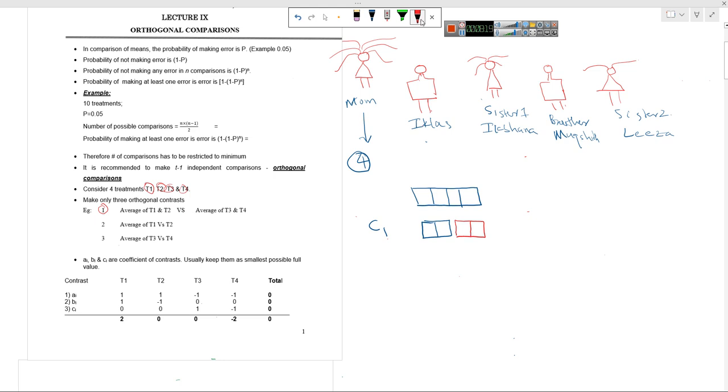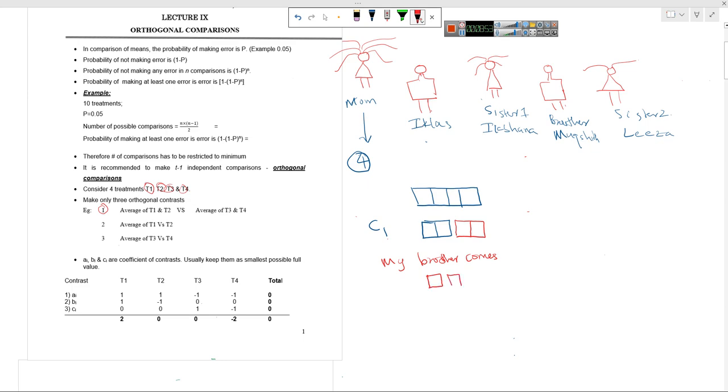Now while we are trying to eat it, my brother comes and asks me for a chocolate. So what will I do? I will decide, because I am the eldest person, to give him another chocolate. So now I am splitting my chocolate and giving him 1.